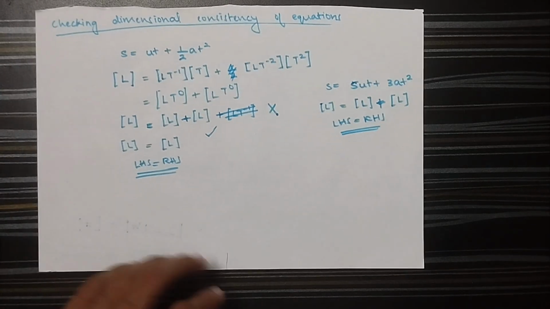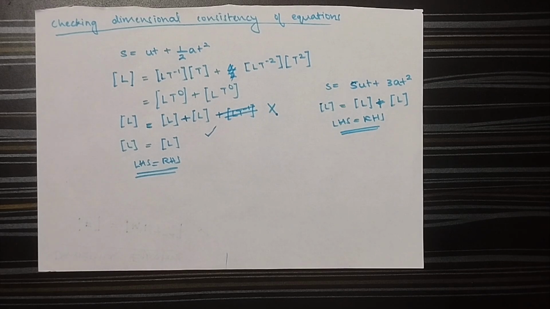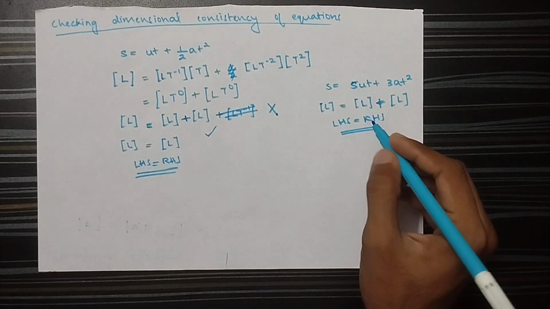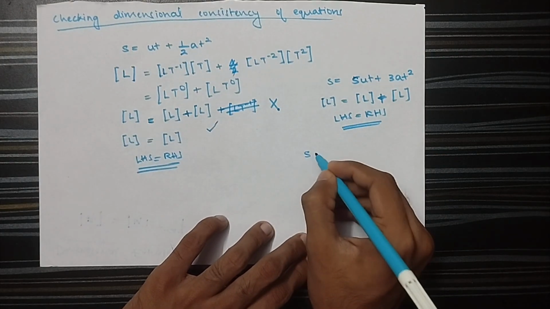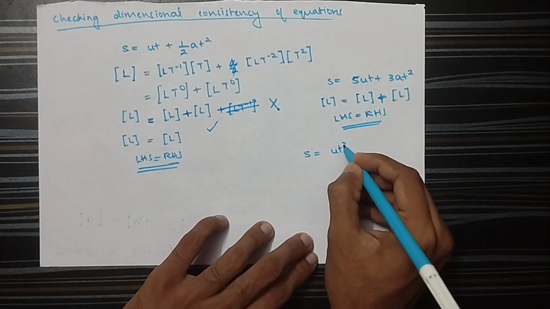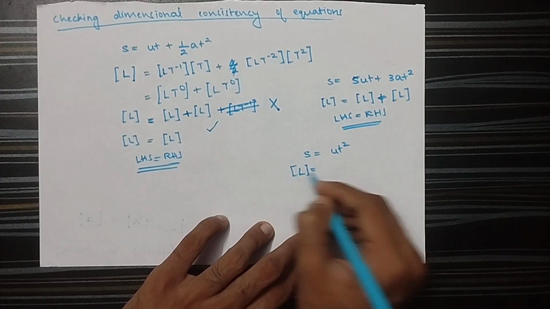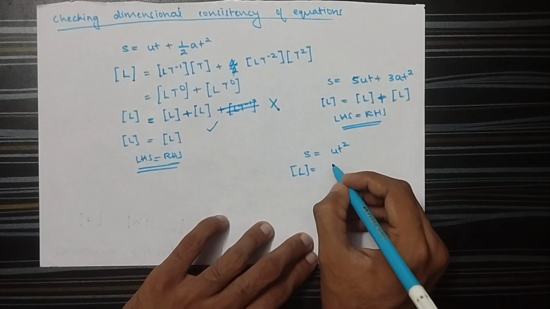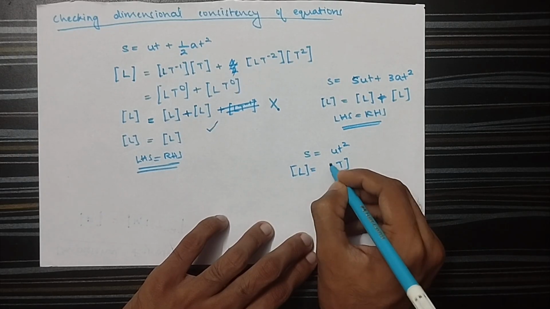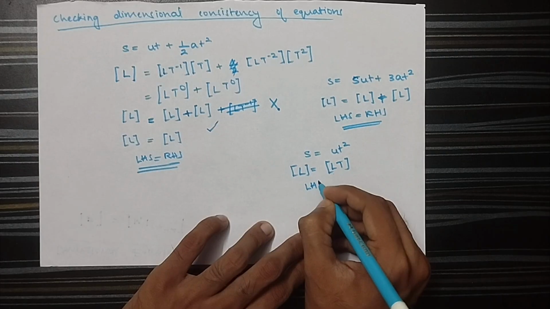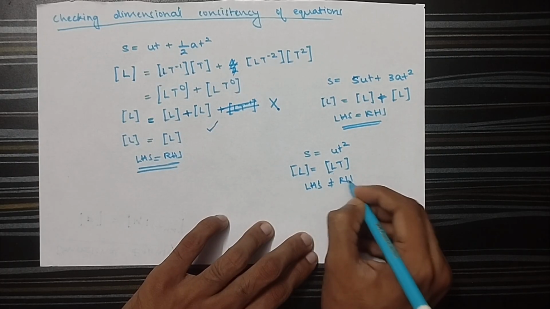So what does this say? It says that if an equation fails the consistency test, it is always wrong. For example, x is equal to ut square, we just wrote that, and if we write it in dimensions, we get L equal to LT. So LHS is not equal to RHS.